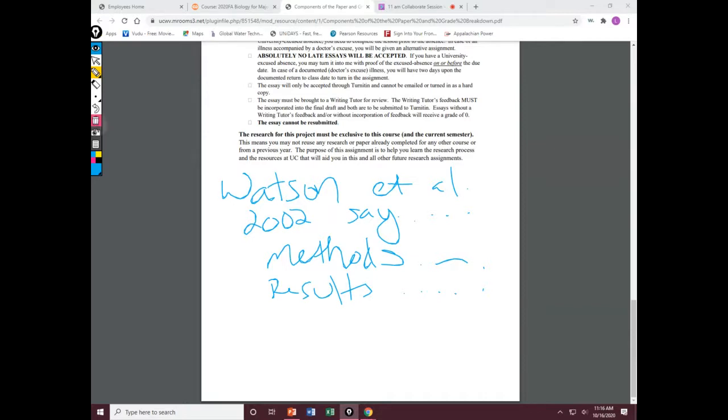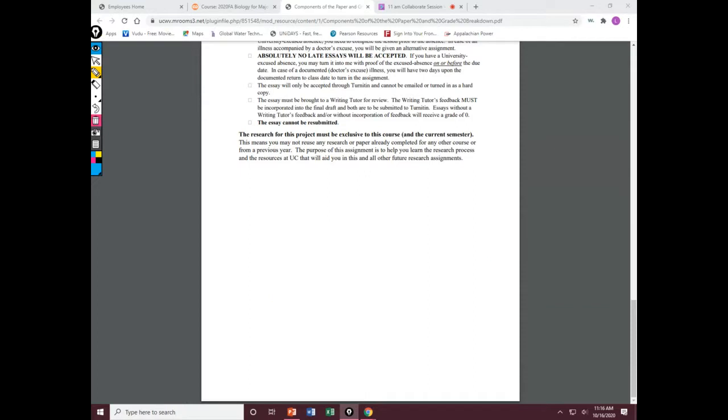Instead, what you need to do is tell me what you know and what's interesting about reindeer and climate. So I might write a sentence, for example, that says temperature increases reduce reindeer food.